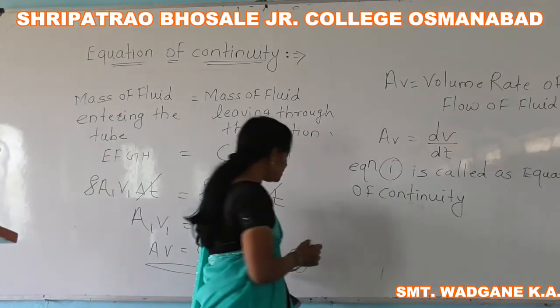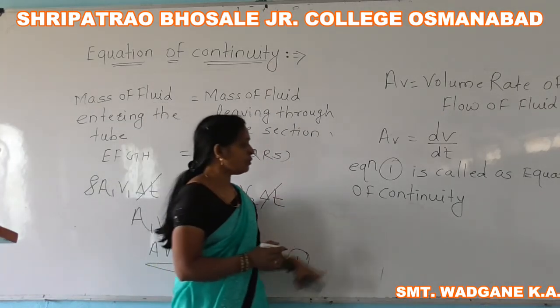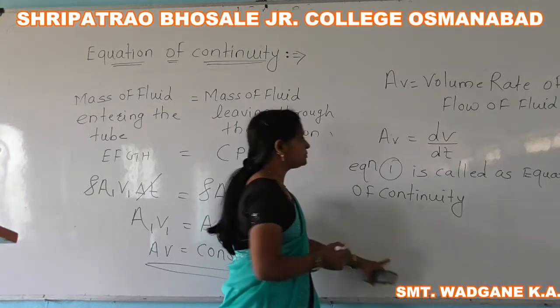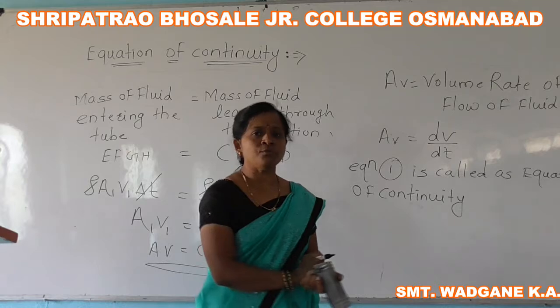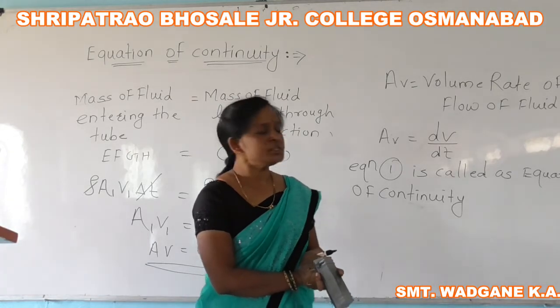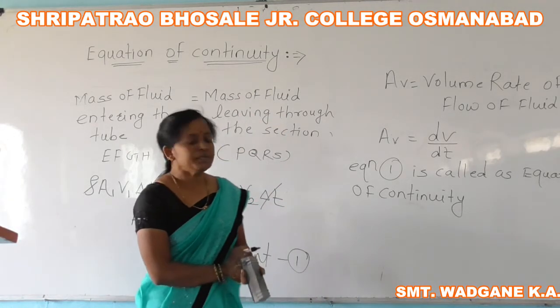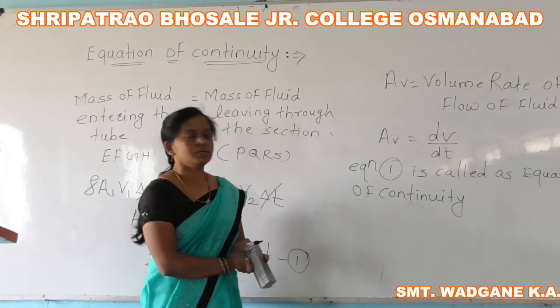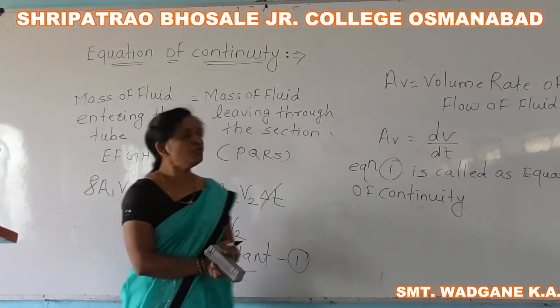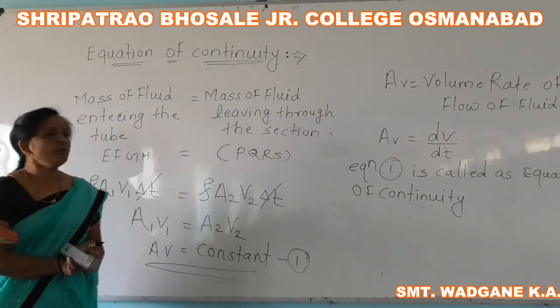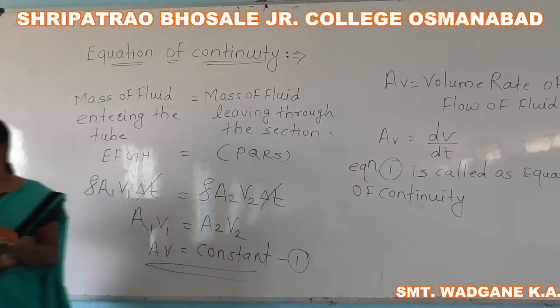Therefore equation 1 is called the equation of continuity, and dV by dt, the volume rate of flow of fluid with respect to time, is called the volume flux.